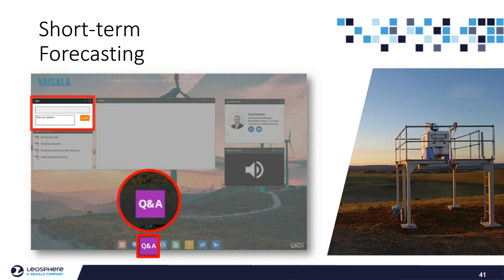And in this example with the short-term forecasting, the question is, why should I use a scanning LiDAR instead of a WindCube vertical profiler or even a MET-MAS? Well, there is a significant benefit from the scanning LiDAR is that it can provide a full 3D mapping for several kilometers, and this is an important asset for the increasing size of wind farms.